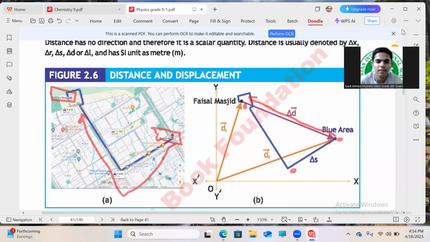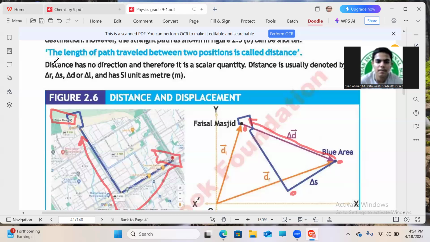Understand that? Secondly, read about the distance definition and its property, that it has no direction. That's why it is known as a scalar quantity. You must have memorized the concept of scalar and vector quantity. Kindly revise that.